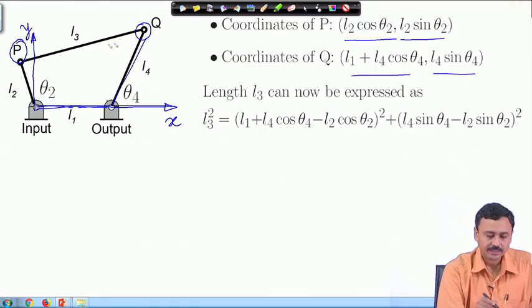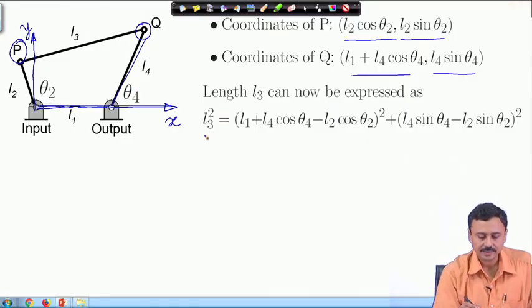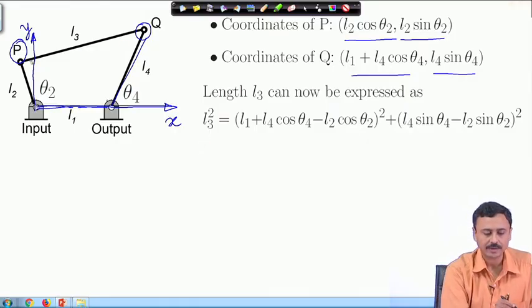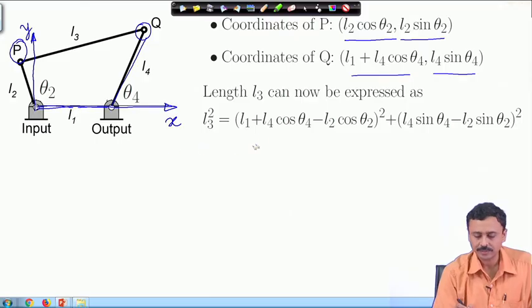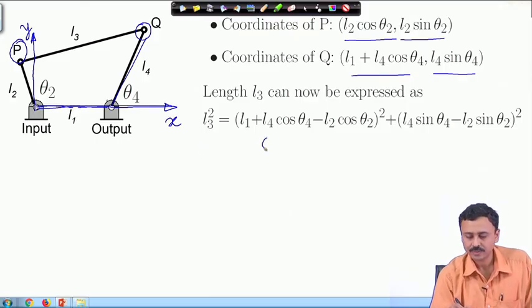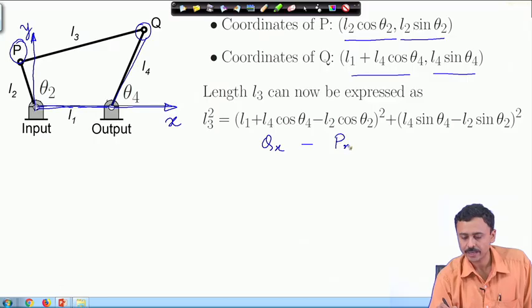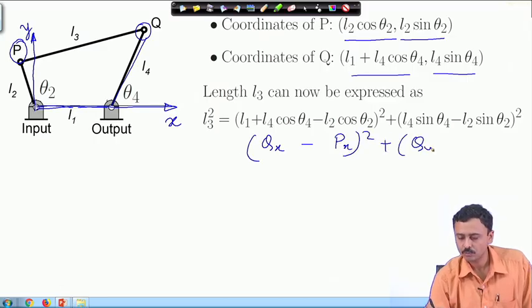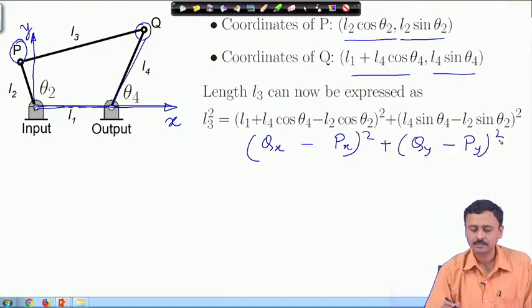Now, if I express this length L3 square, so L3 square is Qx minus Px whole square plus Qy minus Py whole square. So, that is how I get L3 square.